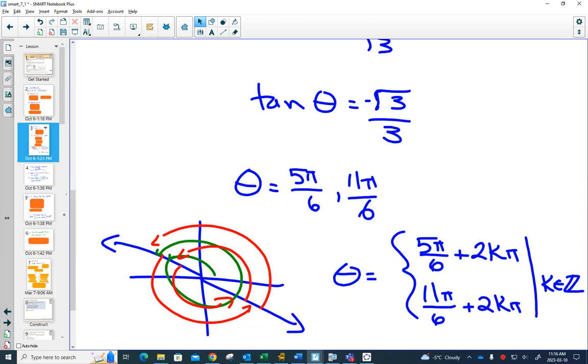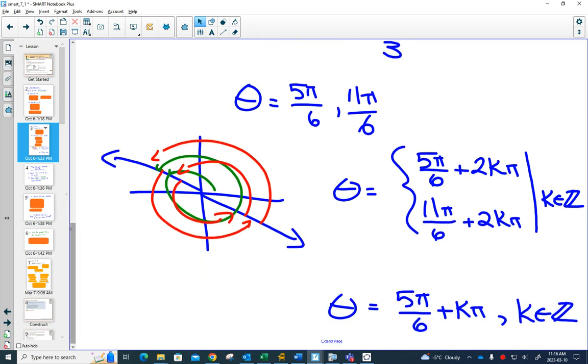We're going to, most of the time, find our answers between 0 and 2 pi and add 2k pi just like this. But with tangent, we can even write this more elegantly like this. Does it make sense that if I started at 5 pi over 6 and I jumped pi, I'd get down to here, and if I jumped pi, I'd be back to this one?